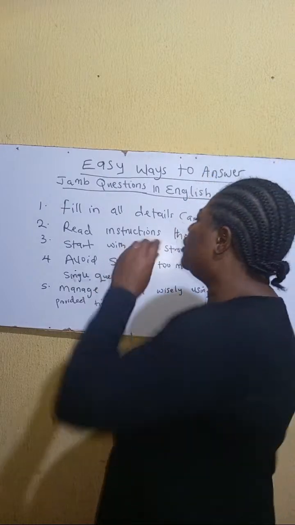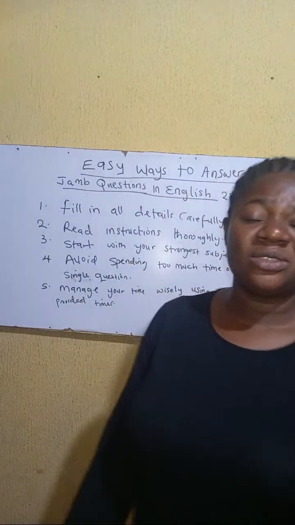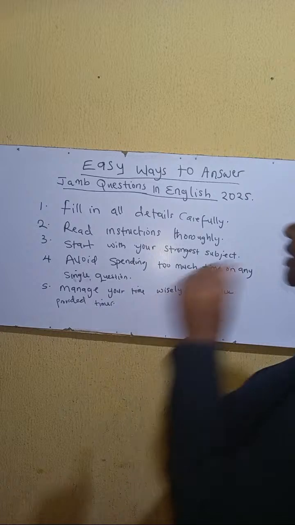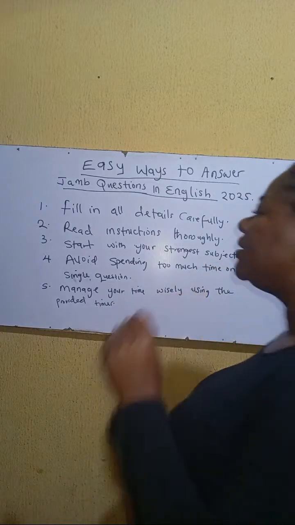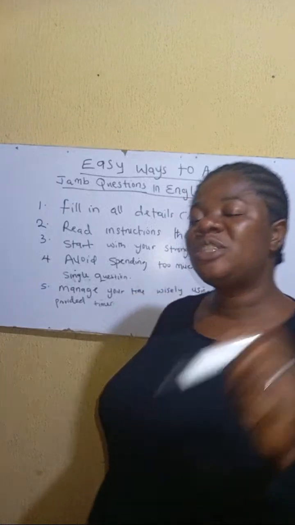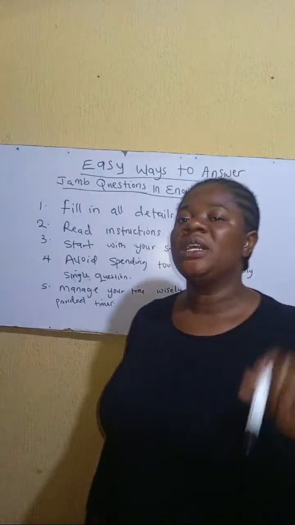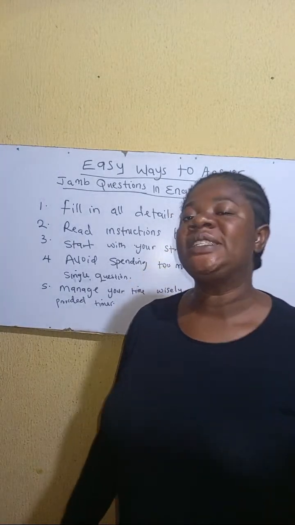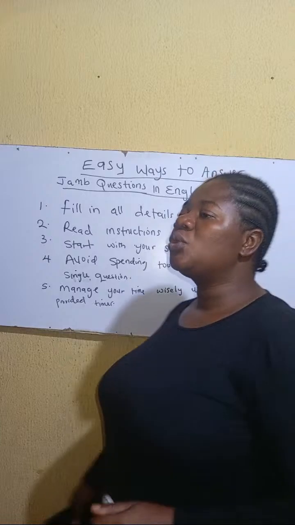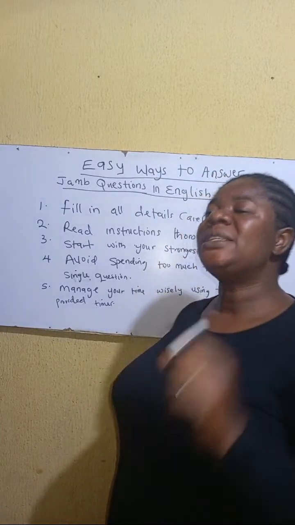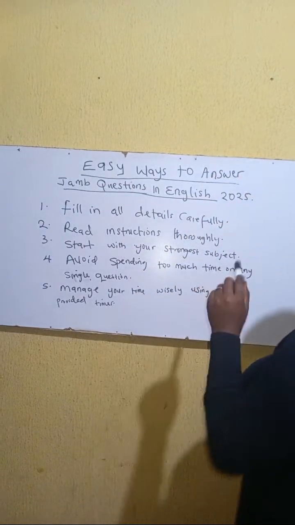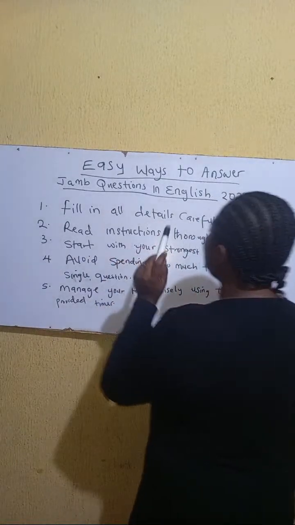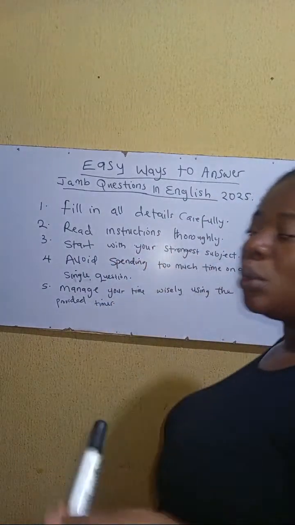If you read the instructions thoroughly, there must be a place where the examiner said you should do this and that. So if you are writing any exam, please be careful to read the instructions thoroughly.